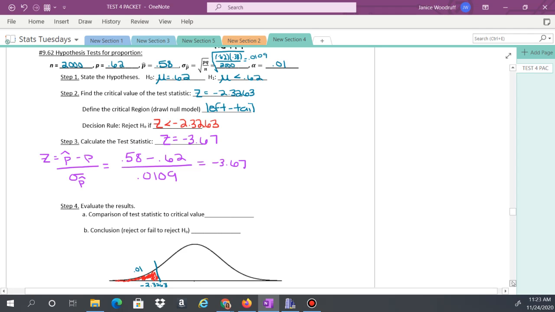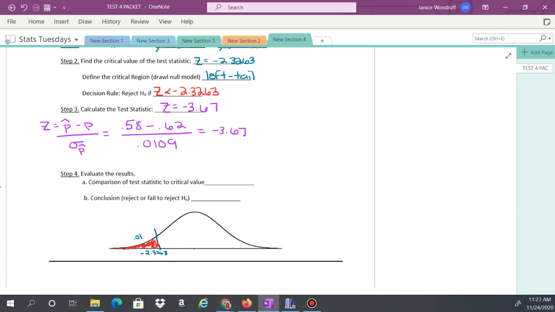And if we put that on the chart, you can obviously see that that is less than negative 2, sorry. So we say negative 3.67 is less than negative 2.3263, so we will reject the null. Which means we have significant evidence to conclude that the alternative is true.